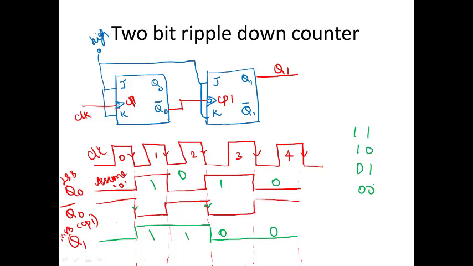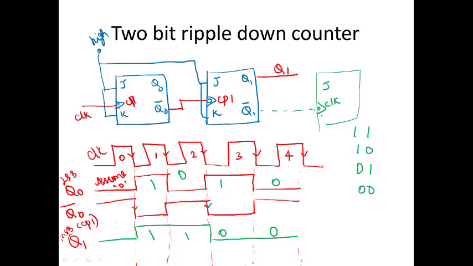So this is about your 2-bit ripple counter. If you need to design a 3-bit ripple counter, you will be having one more flip-flop. That's all. You will be having one more flip-flop such that your Q1 bar will be connected to the clock of your next flip-flop if it's a 3-bit counter. So this is your JK and this is going to be your clock.